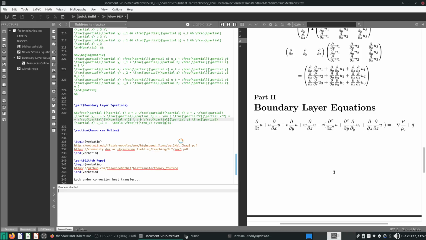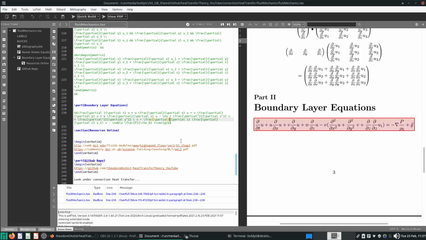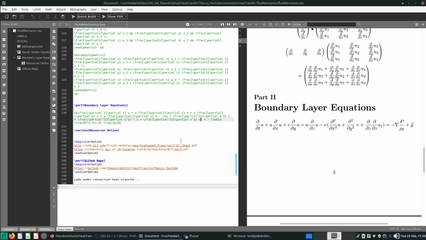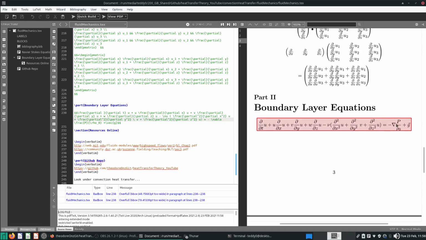So I'm just tidying up the equation to make it look nicer. And then once we are done, we'll just do the same for the y and z velocity. Alright, so this is our Laplacian term.